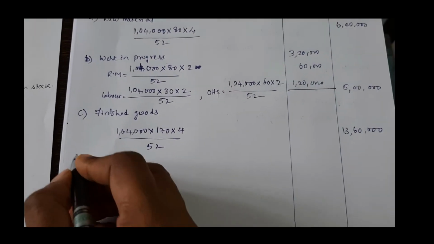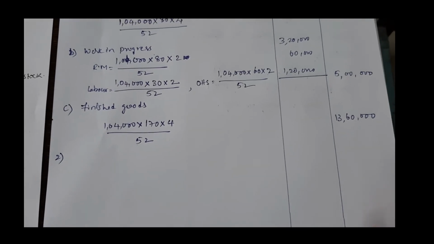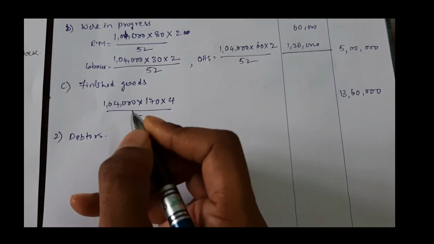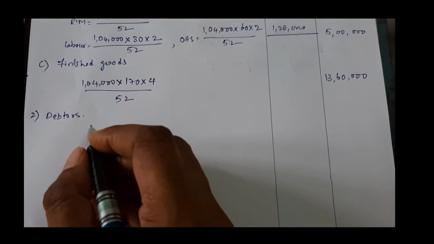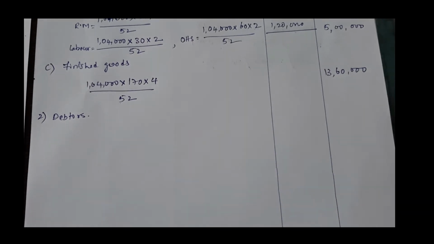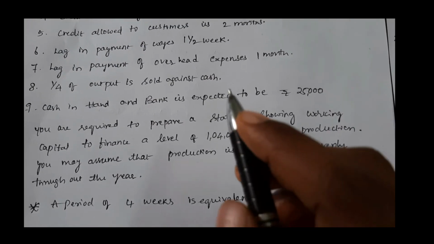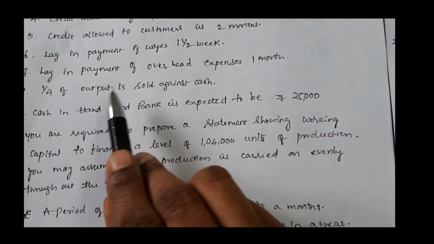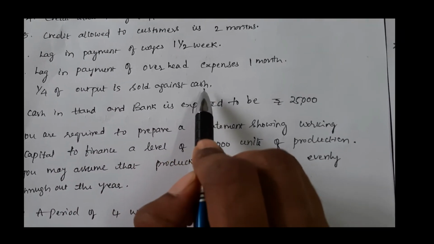Now the second component of working capital will be debtors, estimation of debtors. So debtors will be created on credit sales, we will see now. And here it is given 1/4 of output is sold against cash.